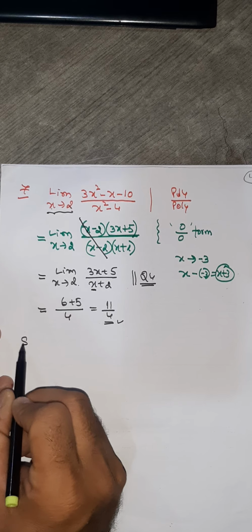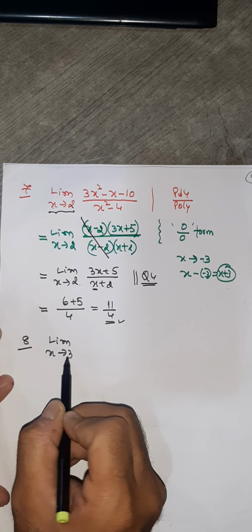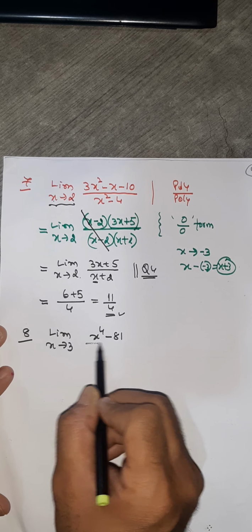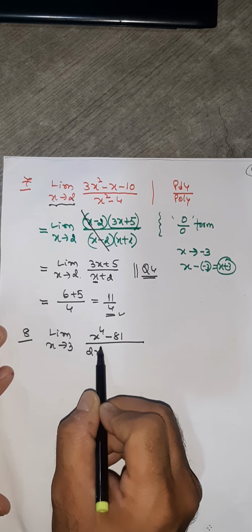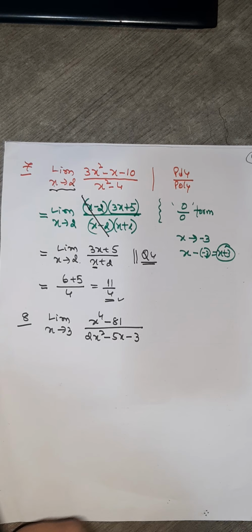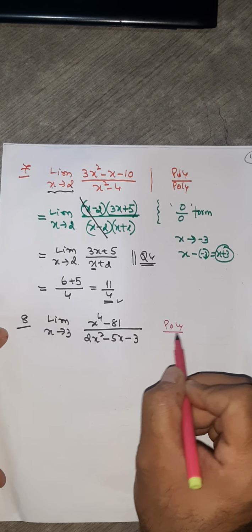Next question. Question number 8. Limit x tends to 3, x raised to 4 minus 81 upon 2x square minus 5x minus 3. This is which standard form? Can you recall? Polynomial upon polynomial.